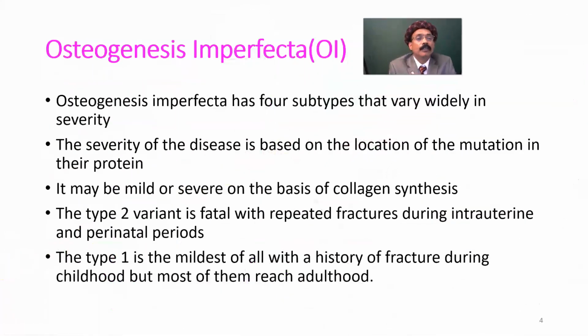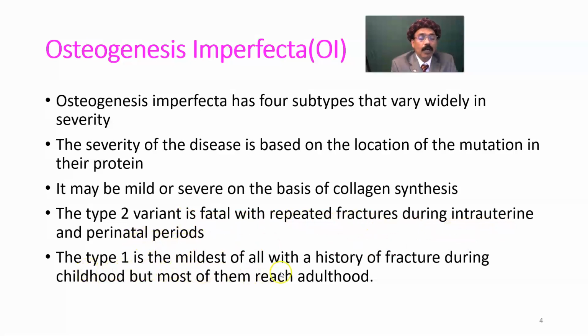There are 4 subtypes that vary widely in severity. Severity of the disease is based on the location of the mutation in the protein. It may be mild or severe on the basis of collagen synthesis. The type 2 variant, which we just saw, is fatal with repeated fractures during intrauterine and perinatal periods.